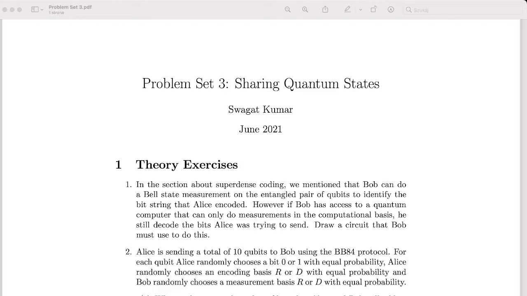So basically, usually it is said that Bob measures this pair of qubits in the Bell state basis, right? So it's a basis that contains Bell states that we are talking about, for example, in the last programming section of tutorial 2.